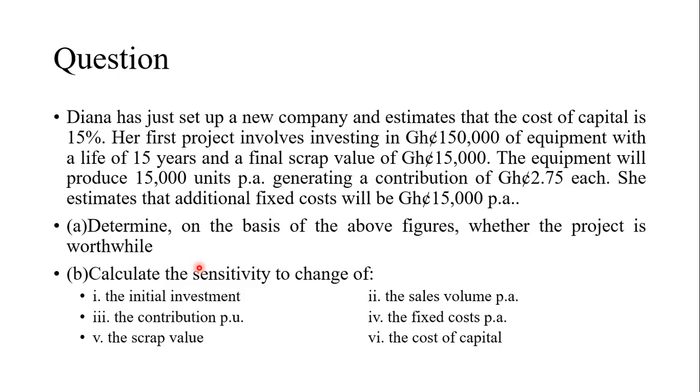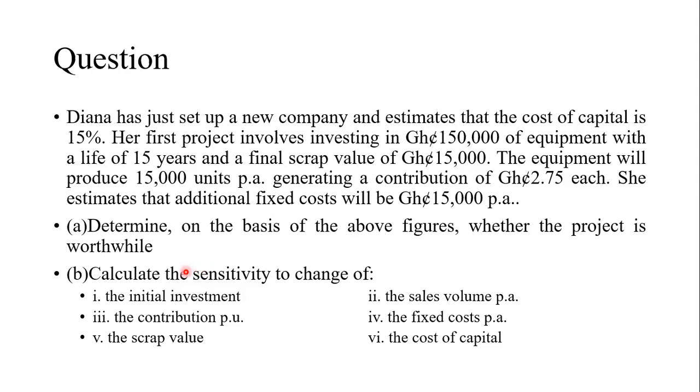She estimates that additional fixed cost will be 15,000 per annum. A, determine on the basis of the above figures whether the project is worthwhile. B, calculate the sensitivity to change of I, the initial investment, II, the sales volume per annum, III, the contribution per unit, IV, the fixed cost per annum, V, the scrap value, and VI, the cost of capital.